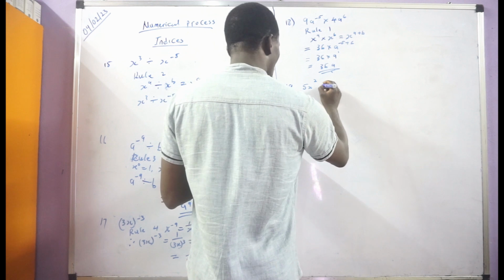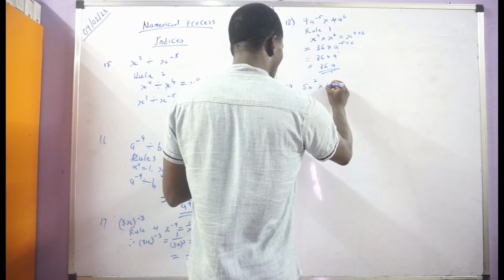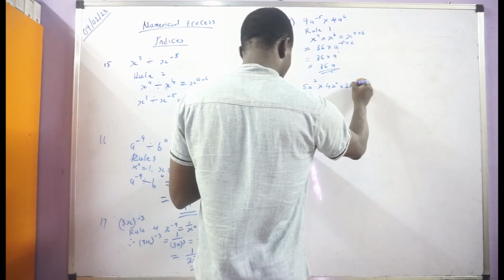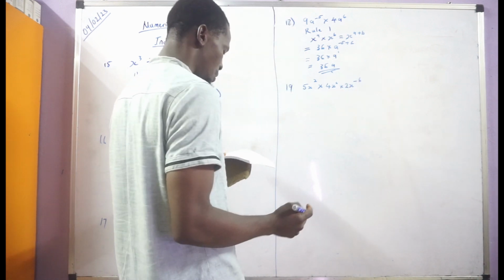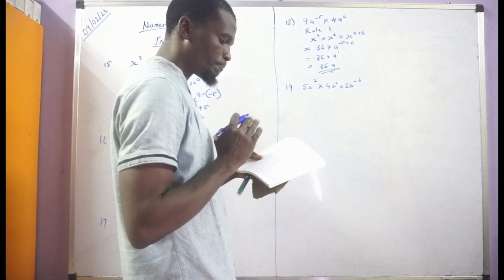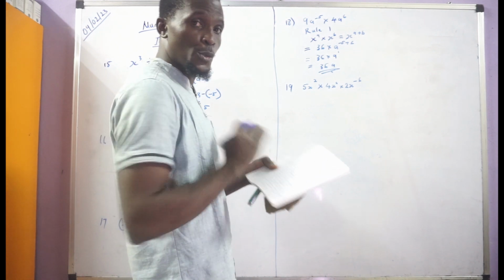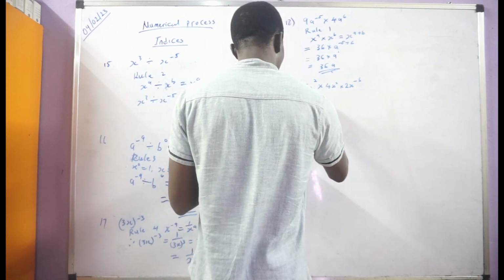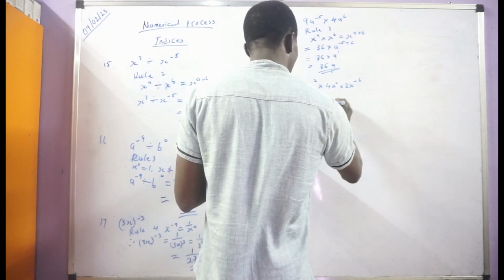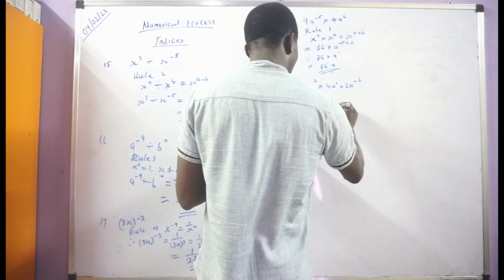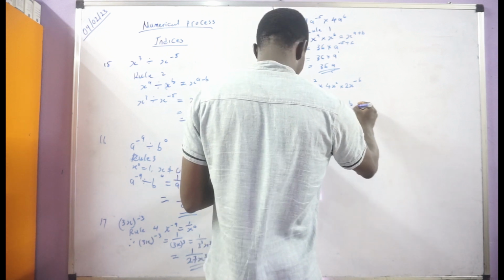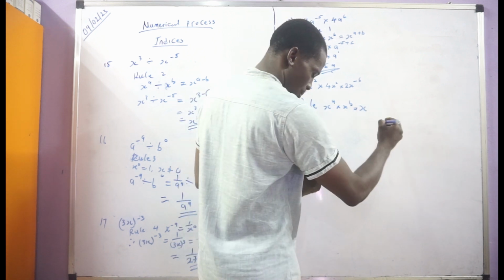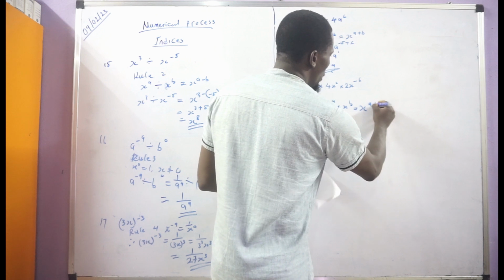5x raised to power 2 multiplied by 4x raised to power 0 multiplied by 2x raised to power minus 6. In this case, we are just going to apply rule 1 straight and solve this question. Rule 1, which is x raised to power a times x raised to power b equals x raised to power a plus b.